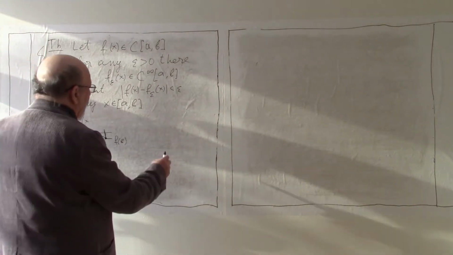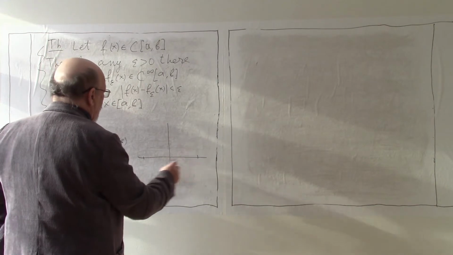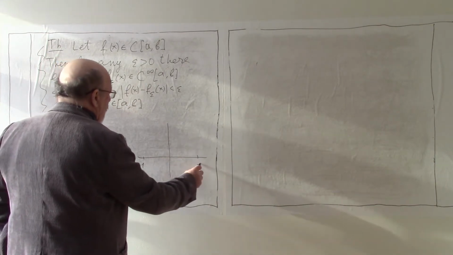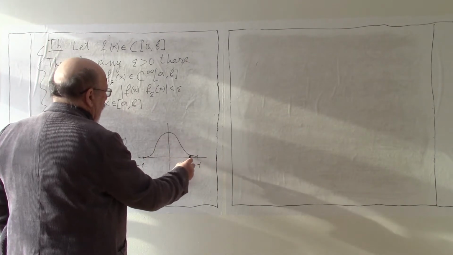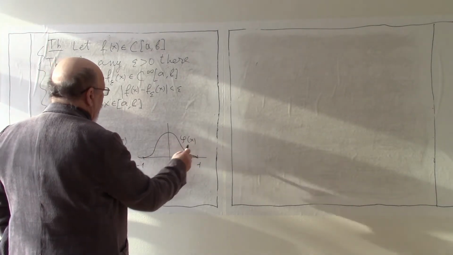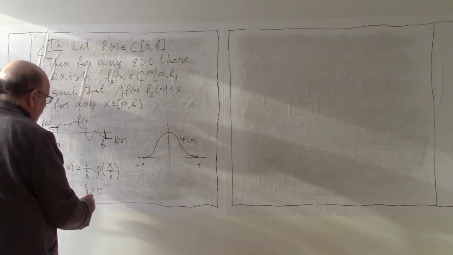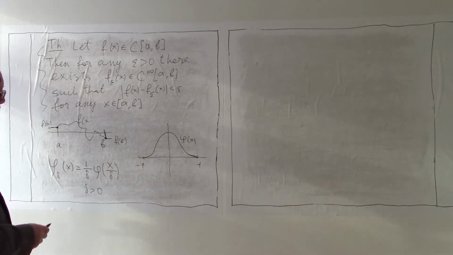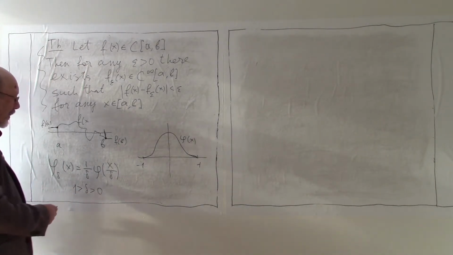So what is this? This is the function phi of x. Delta is some positive constant. We are interested when it is less than 1.